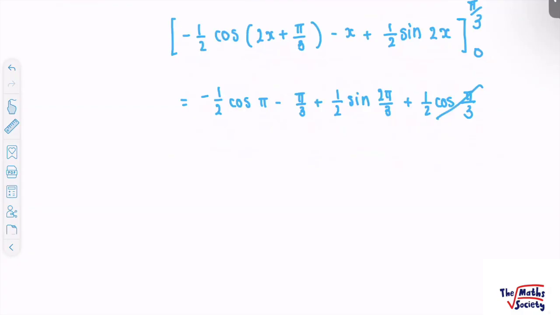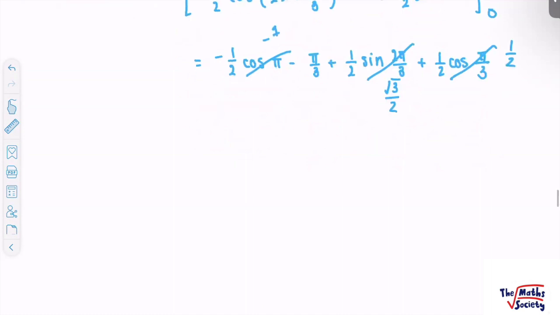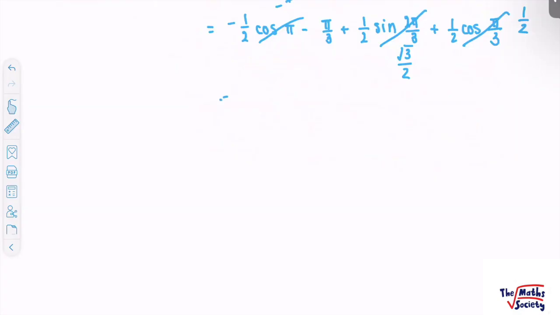So cos pi by 3 is half, and sine 2 pi by 3 is root 3 by 2, and this cos pi is just minus 1. So you will have half, this is minus 1, so you plus minus pi by 3 plus root 3 by 4 because it's half, plus 1 by 4.